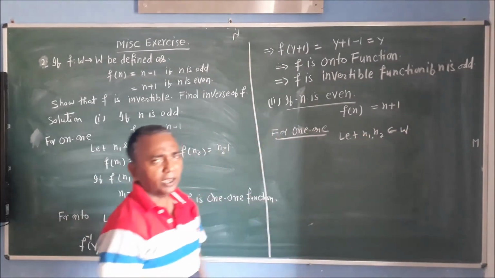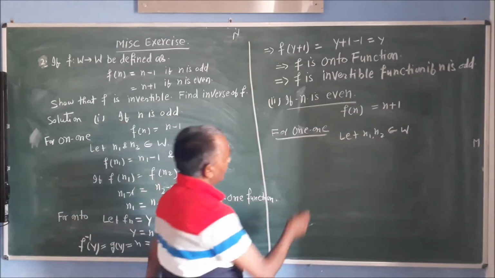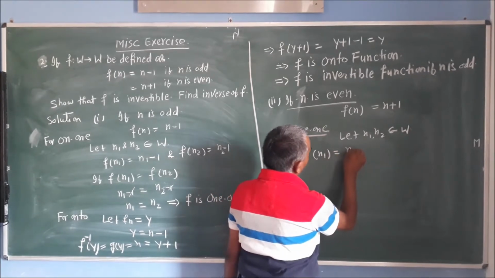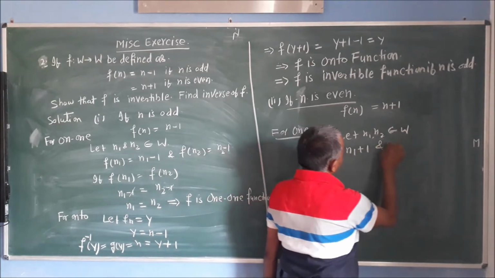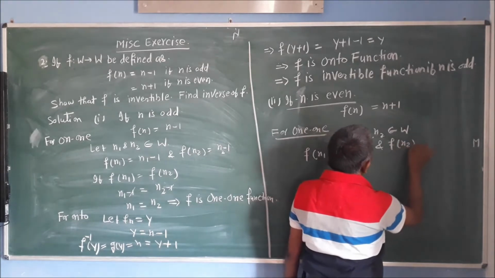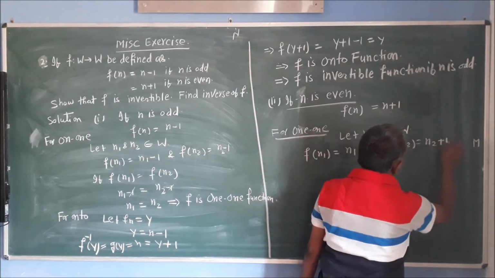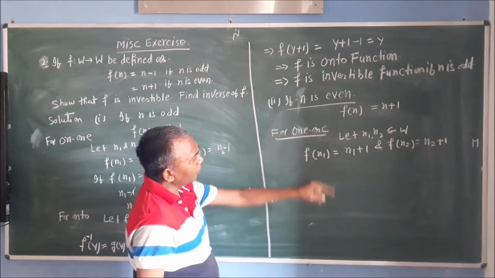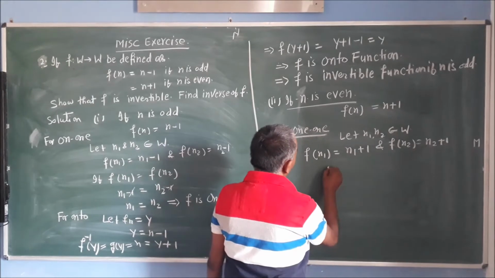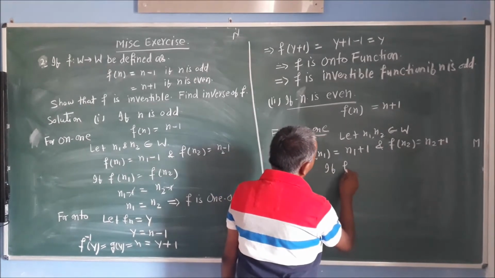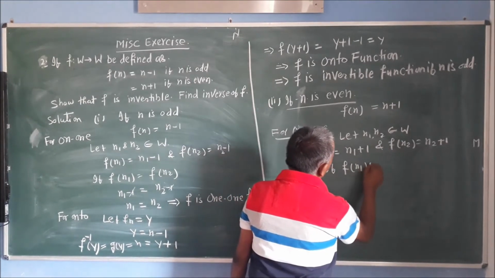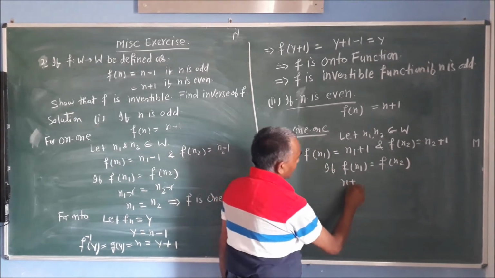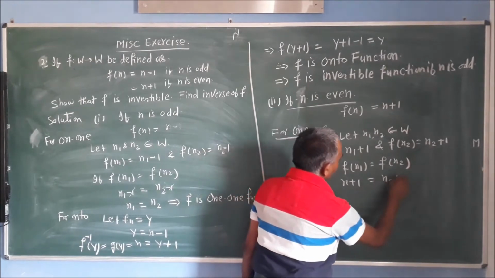We have taken two elements n1 and n2 which are in whole numbers. Then what is the value of f of n1? f of n1 will be equal to n1 plus 1 and f of n2 is equal to n2 plus 1. If f of n1 is equal to f of n2, then n1 plus 1 is equal to n2 plus 1.